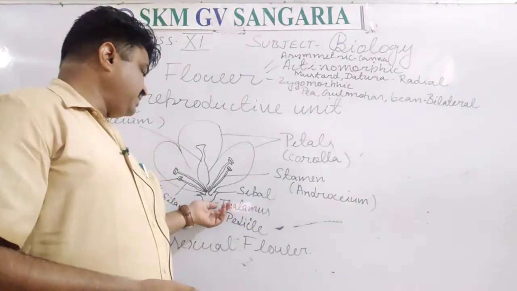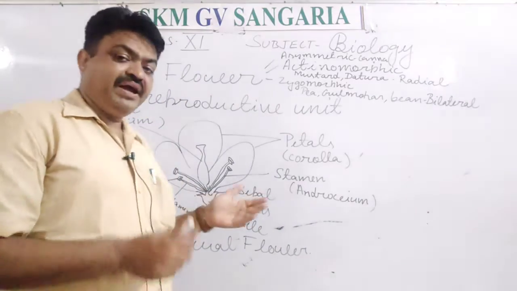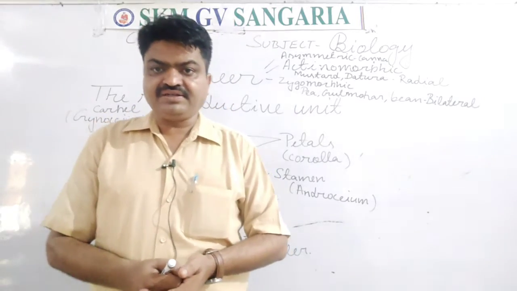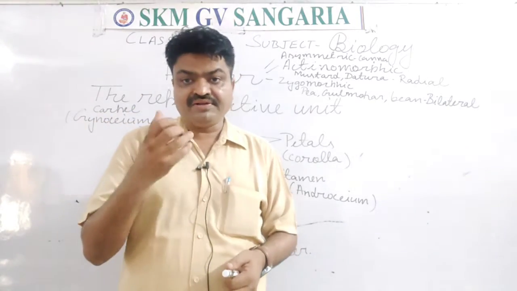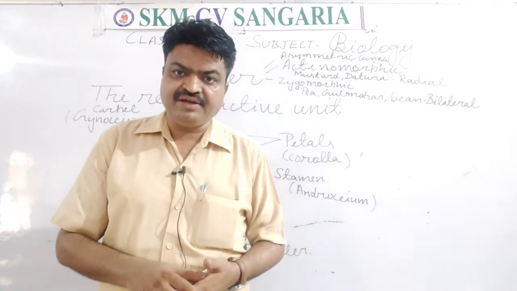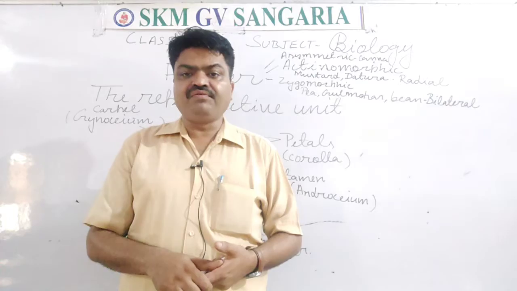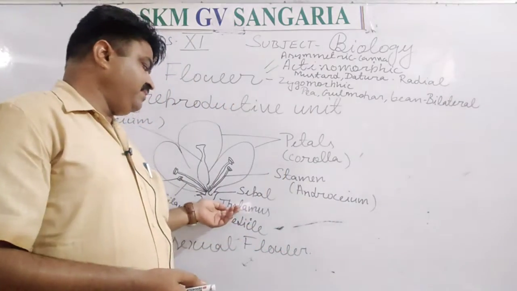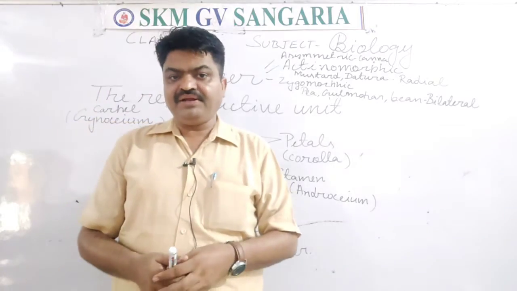The thalamus has a bag-like structure, and in this bag-like structure food and water are stored, and that food and water are supplied to the flower. So the thalamus is found after the pedicel.